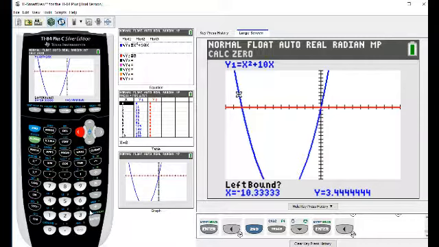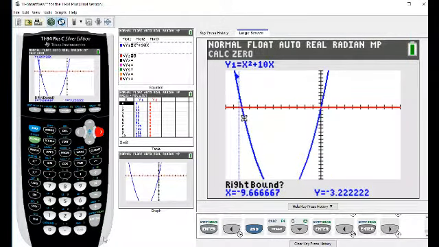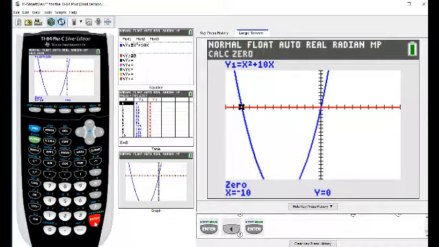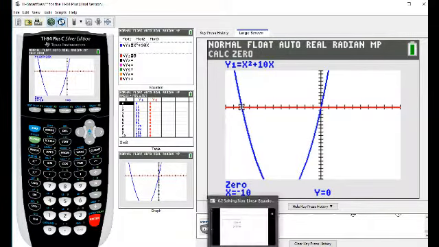And left bound, so we're to the left of the apparent 0, the intersection of the red and the blue line. Hit enter. And then go to the right. Enter. And then come back to where they appear to intersect for the guess. Hit enter. And the 0 is negative 10, 0. So our solutions are x equals negative 10 and x equals 0.